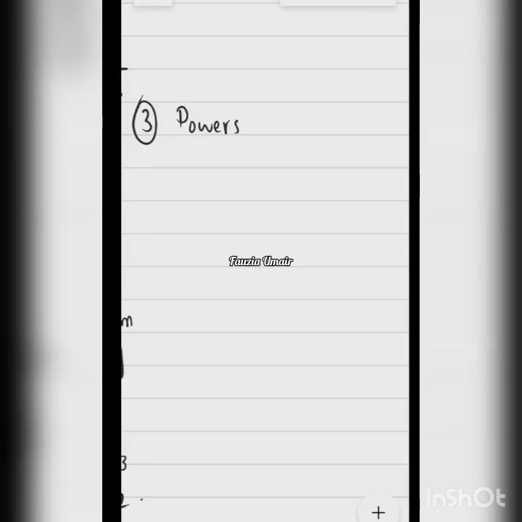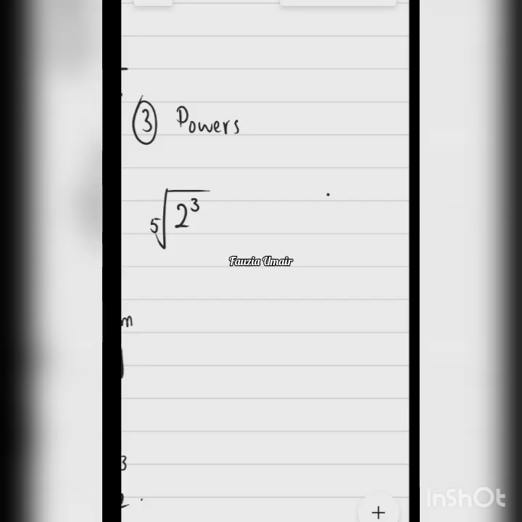For example, let's say 2 cubed, and the index is 5.